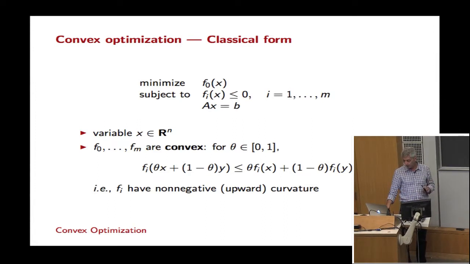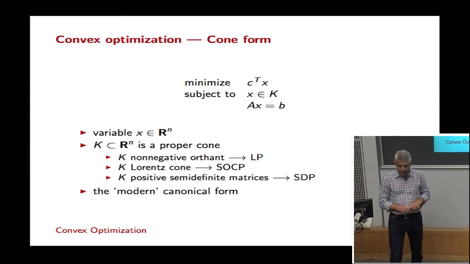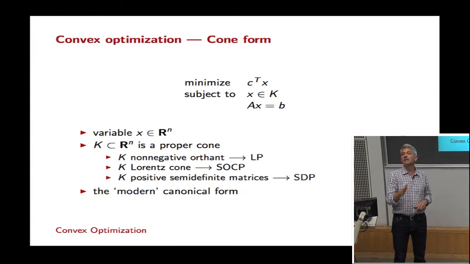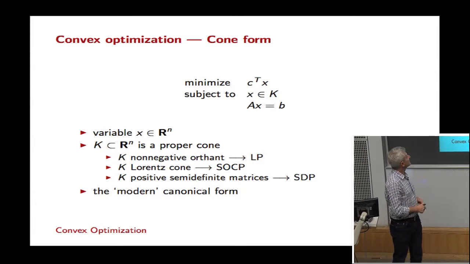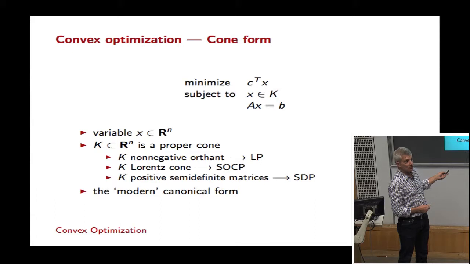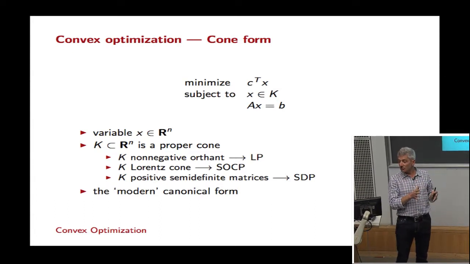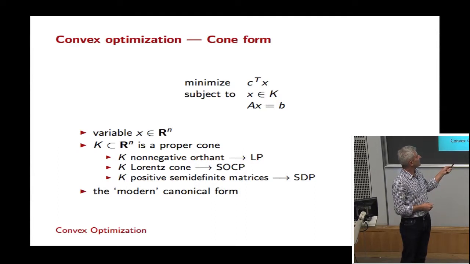That's the classical form. Now, the modern form actually makes it look closer to linear programming. It looks like this. You minimize a linear function subject to the equality constraints. That's no different. But all of the nonlinear constraints are stuck into a cone. It says that this variable x has to be in some cone here.